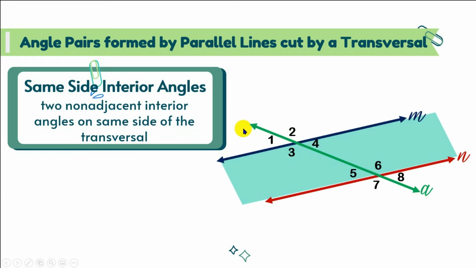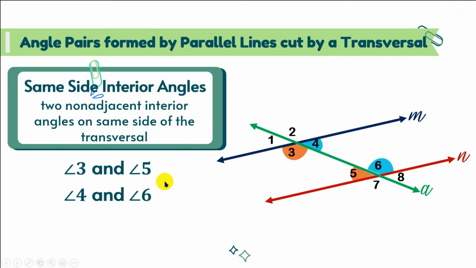Kailangan same side ng transversal line. So, alin ba ang left ng transversal line? Ito lang siya, same side. So we have angle 3 and angle 5. Then another pair, so another interior angle on the right side naman ng transversal, we have angle 4 paired with angle 6. Okay? So, 2 pairs lang for the same side interior angles.